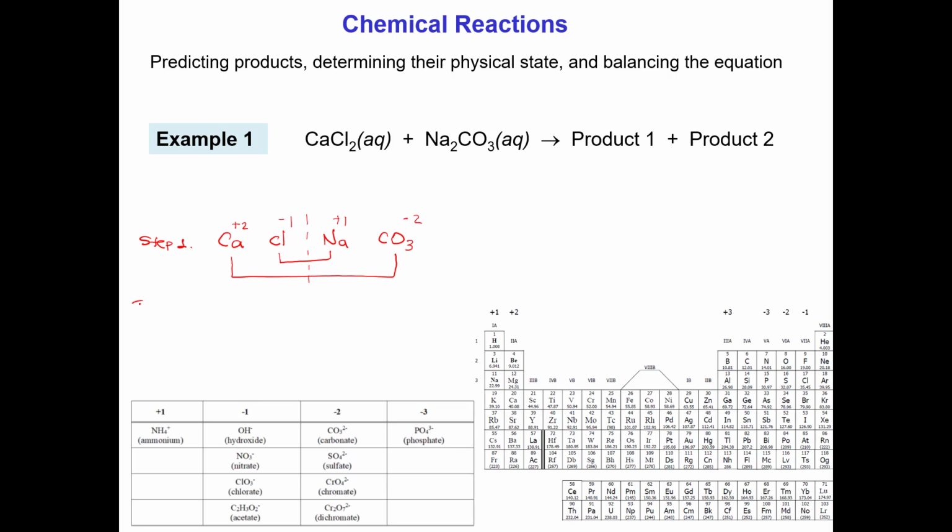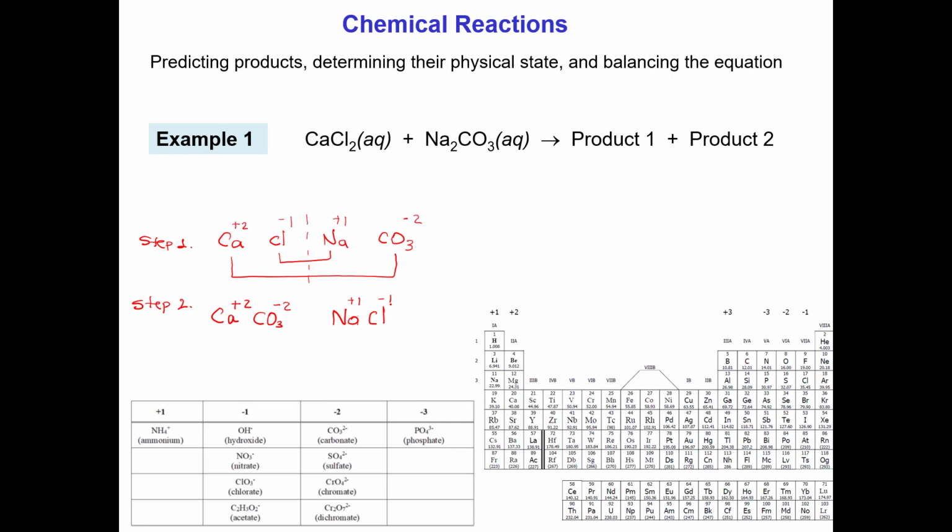Then in step number 2, we want to write the products, but we need to find neutral products. The products will be calcium, which is +2, and carbonate, which is -2. And the other product will be sodium and chlorine. Remember, always the metal or the positive ion is first, and then the non-metal or the negative ion.